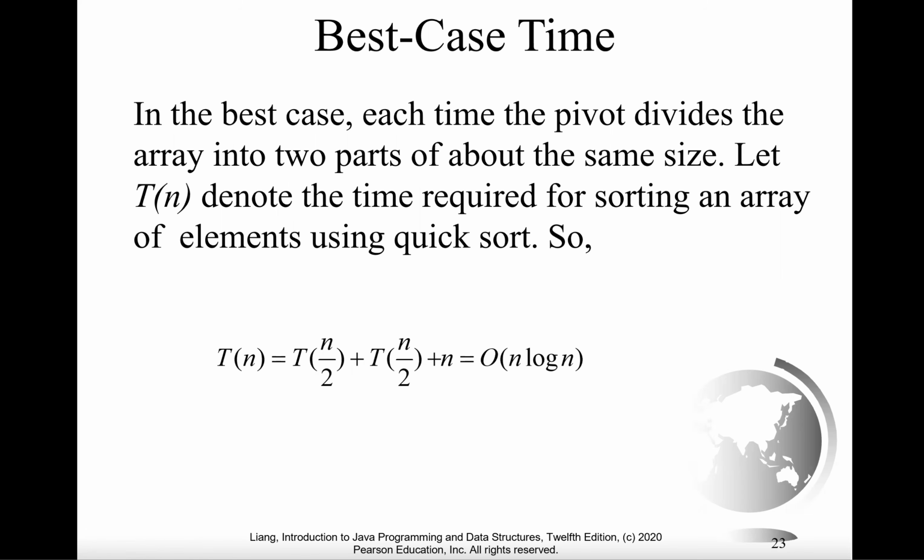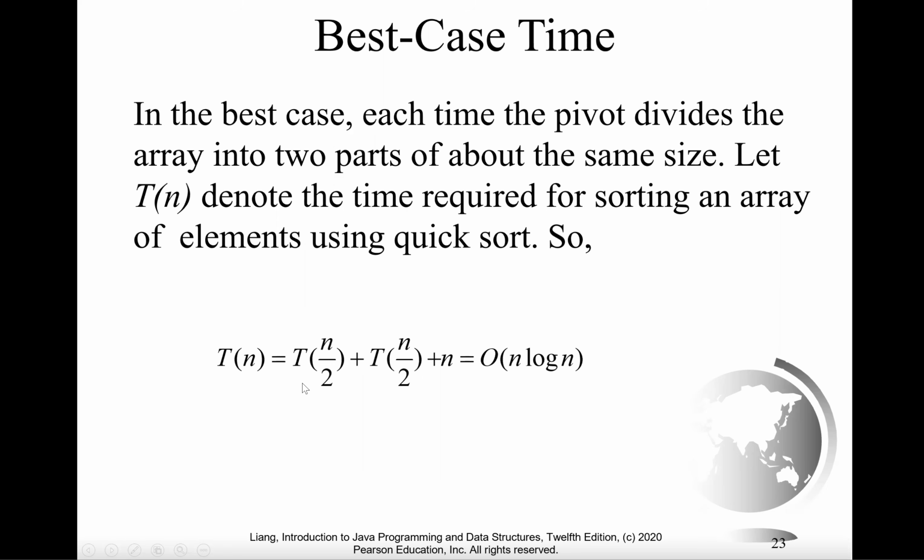The best case is each time the pivot divides the array into two parts of about the same size. Let T(n) denote the time required for sorting an array of n elements using quicksort. So this is what you have, T(n) equals this.